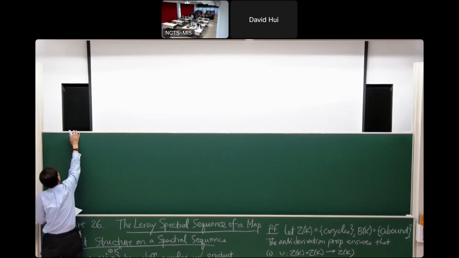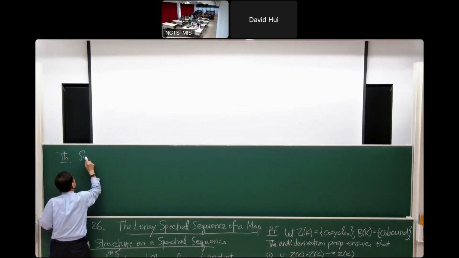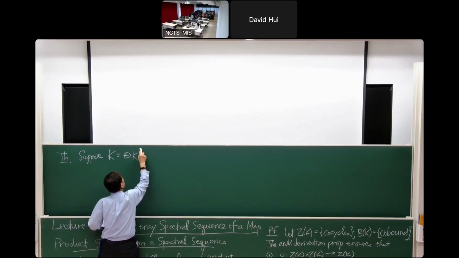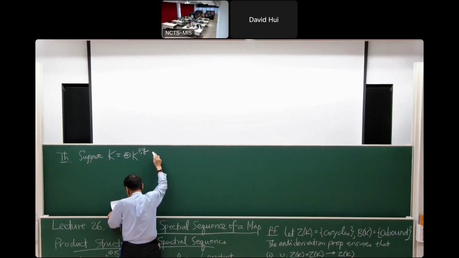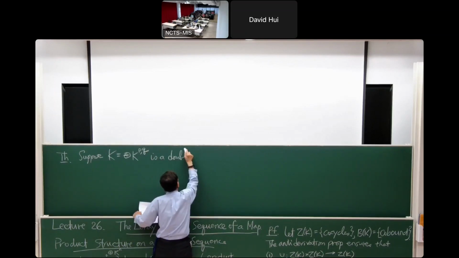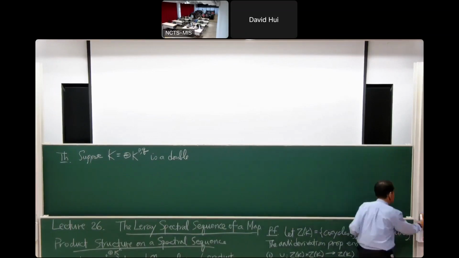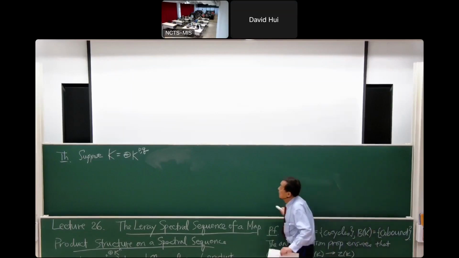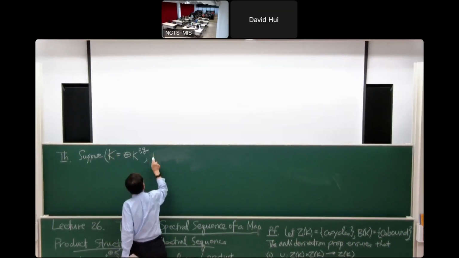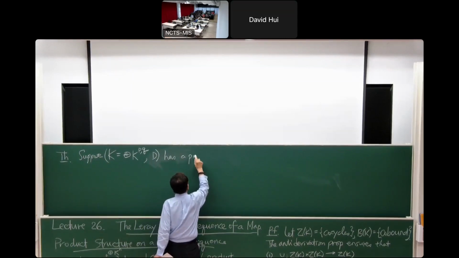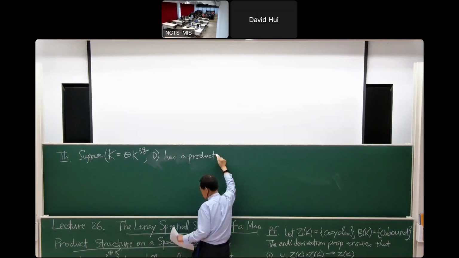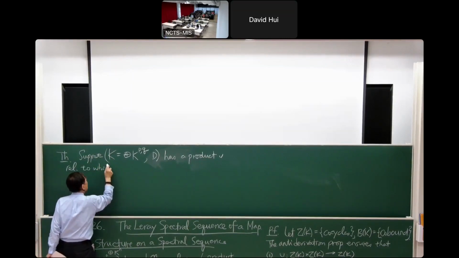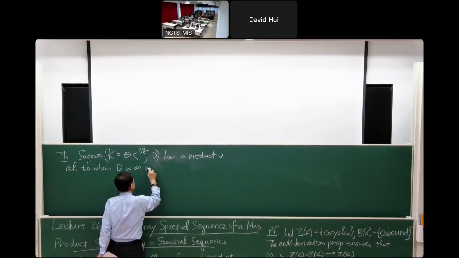So suppose this double complex has a product relative to which D is an antiderivation.